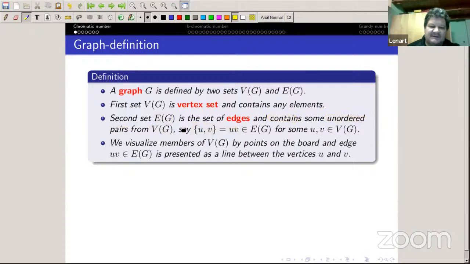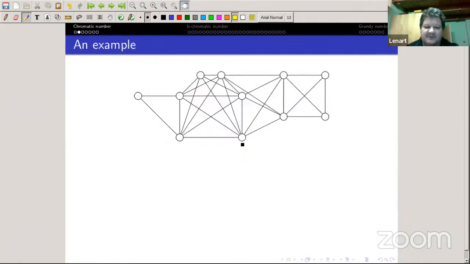What does this mean? We can visualize this graph. First, we draw vertices as points in some plane, let's say on a board or on a paper, and edges are then presented as lines between the vertices u and v. This line can be straight, but it is not necessary. So here is one example.